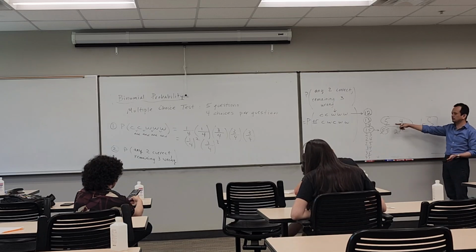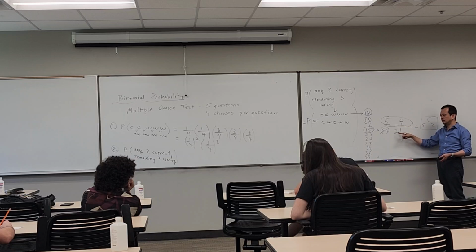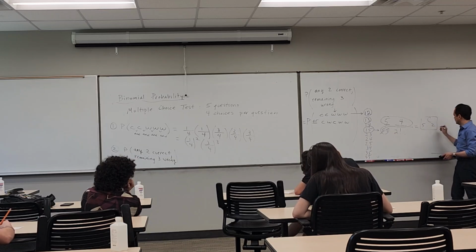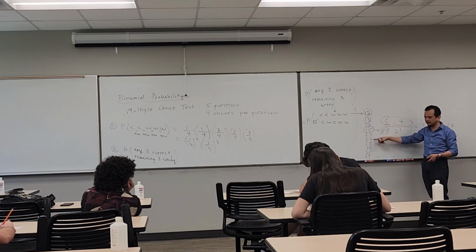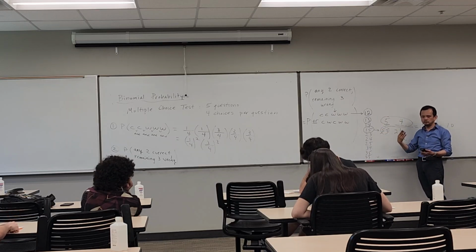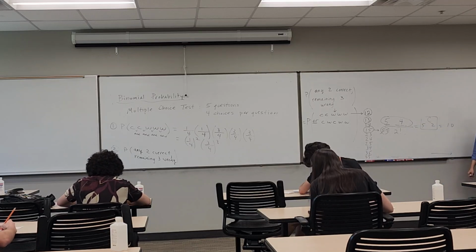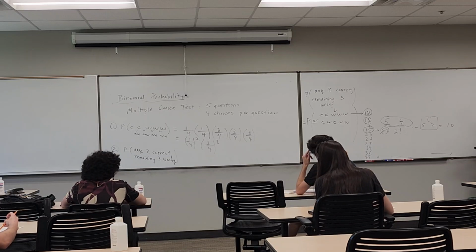So 5C2 means the same thing as 5 times 4 divided by 2 factorial. And 5 times 4 is 20, divided by 2 times 1 is 10. So the total number of possibilities here is 10, and we listed out exactly 10. So there's no more other possibilities. All right, any questions?